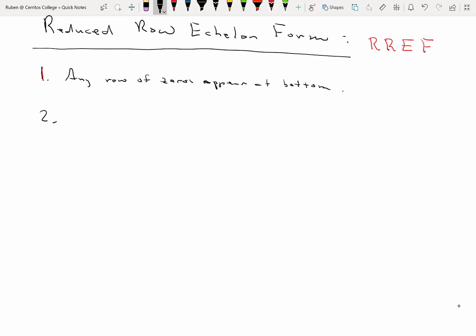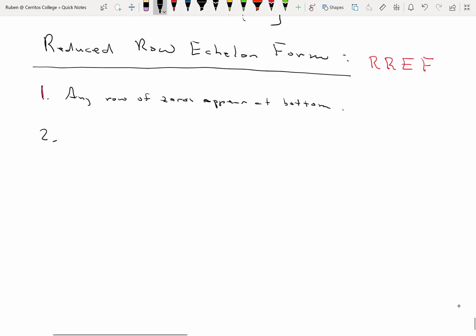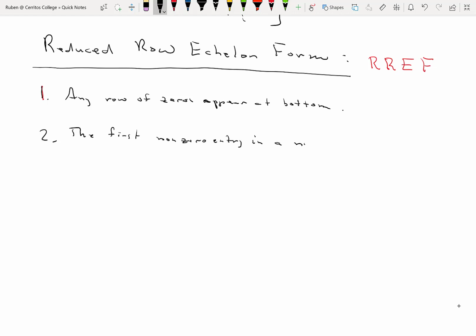What would we like the first non-zero entry to be in a row? Well, pretty clear that the optimum case has 1 there. So the first non-zero entry in a non-zero row is 1.